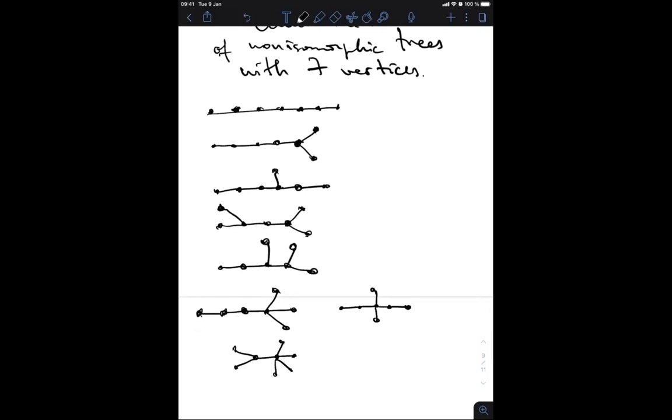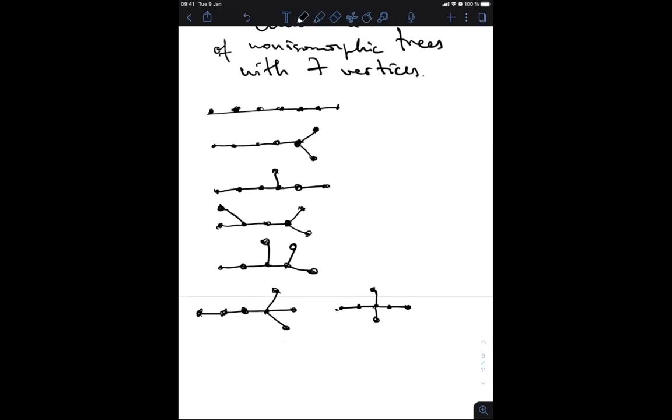Yes, that's another possibility with degree 4 and then no degree 3. 1, 2, 3, 4, 5, 6, 7. No, sorry. So this guy was wrong, so let me remove it. So there is no thing like this.